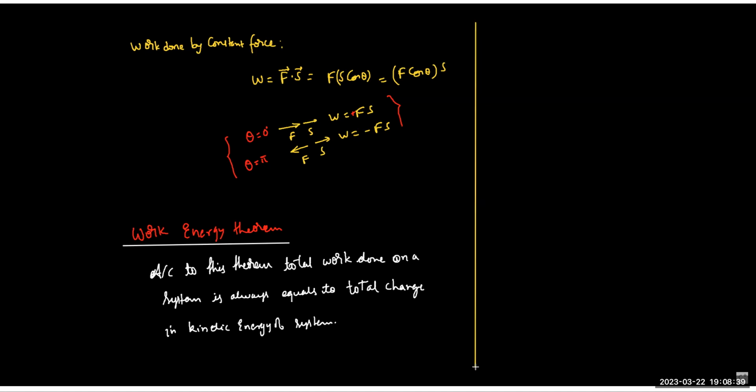So just for your awareness, kinetic energy will have three different forms: translatory or translational, I would say translational KE, rotational KE, and vibrational KE.